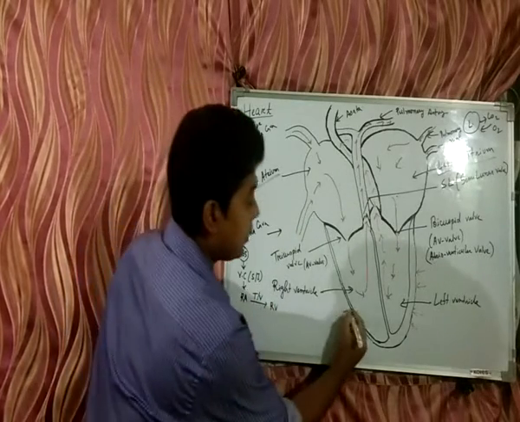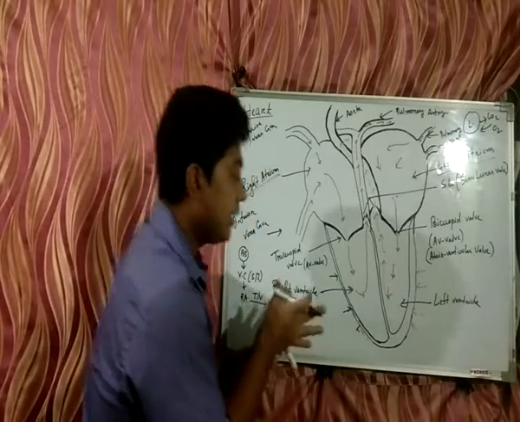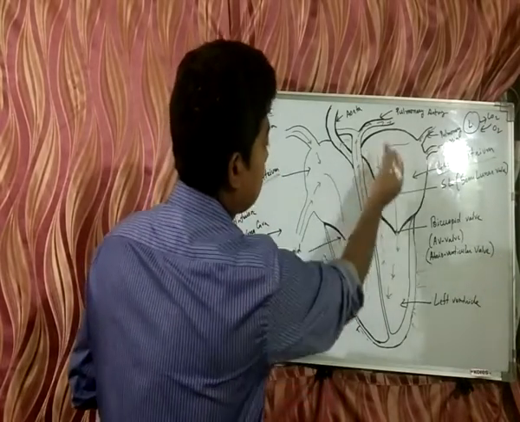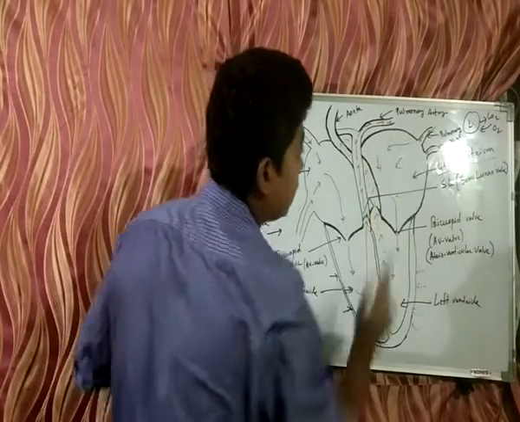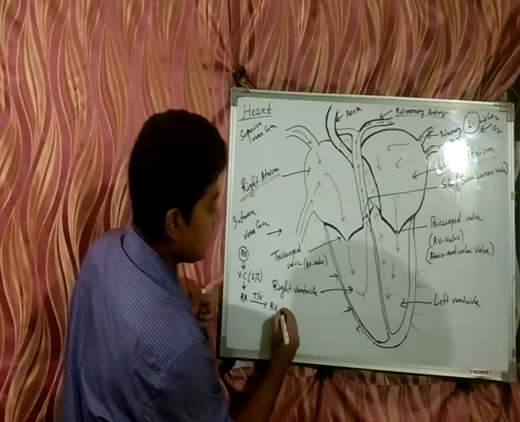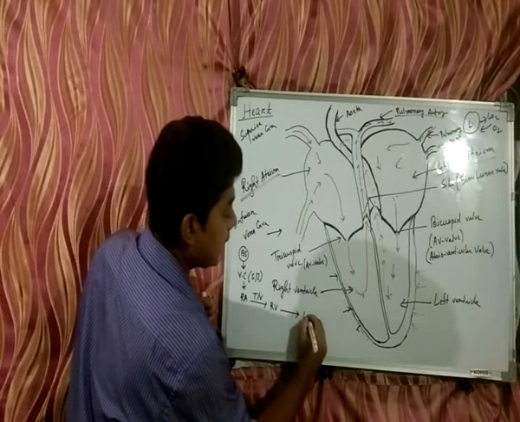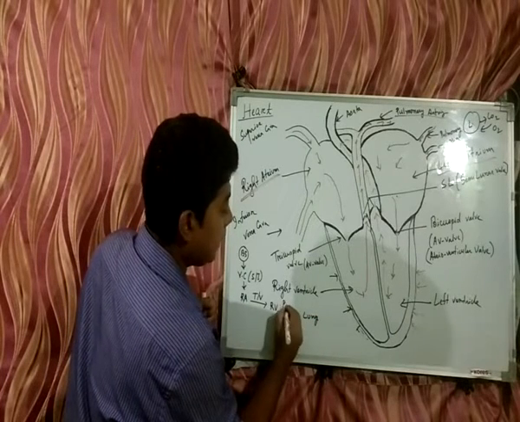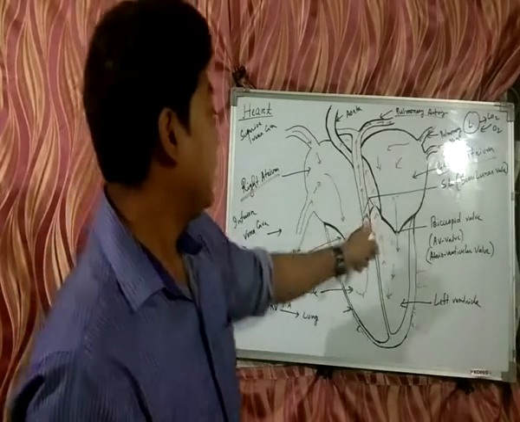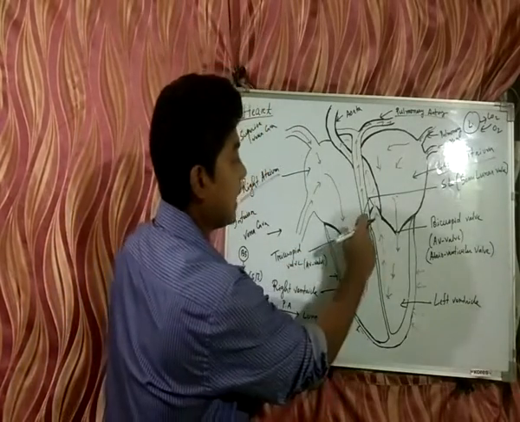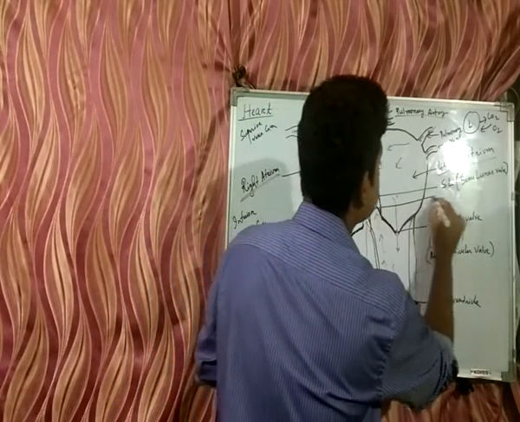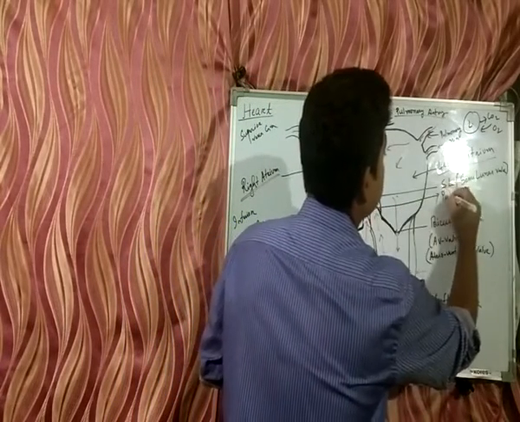When the right ventricle contracts, the blood moves through the semi-lunar valve to the lungs through the pulmonary artery. This SL valve is called the pulmonary valve.